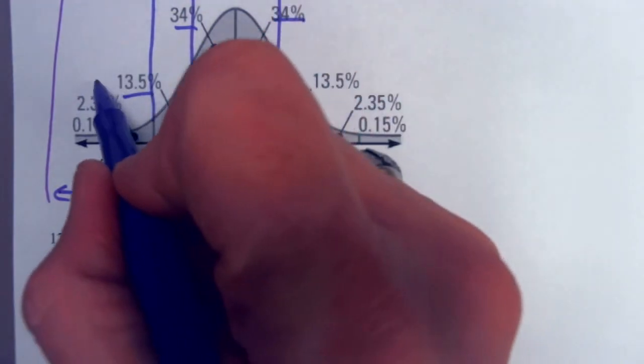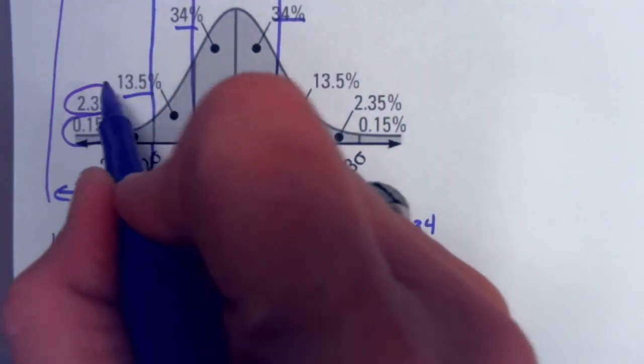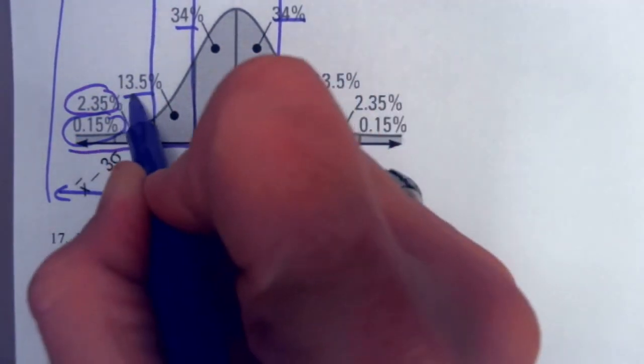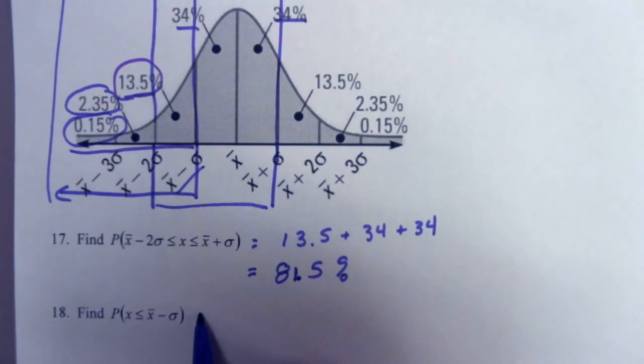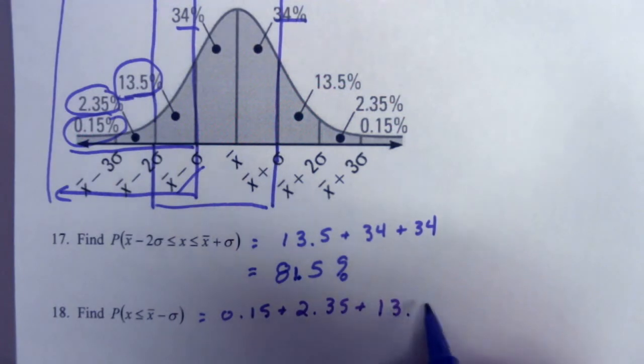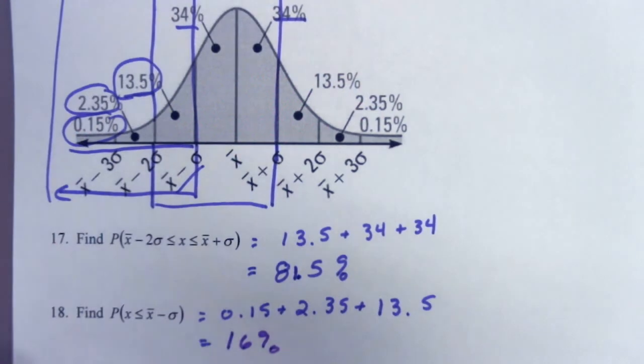So for this one, I need to add up 0.15%, 2.35%, all the way including the 13.5%. 2.35. Okay, adding all those up, we should end up with 13, 14, 15, 16%.